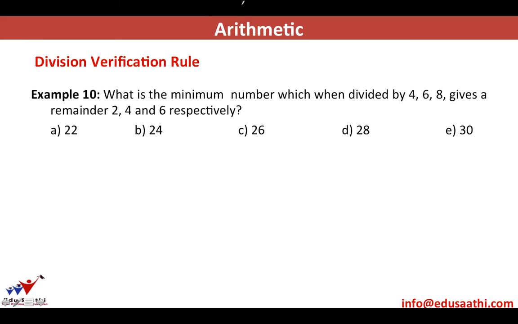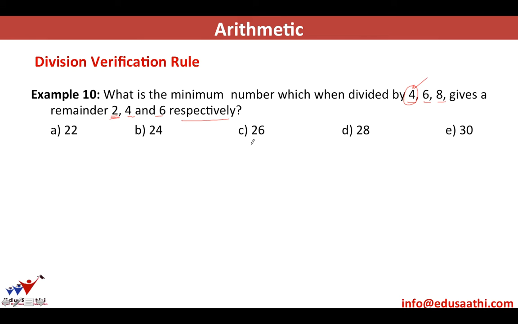Another question that we have is, what is the minimum number which when divided by 4, 6 and 8 gives a remainder of 2, 4 and 6 respectively? Now what I can do is, I already have the answer options with me. So I can first scan the answer options and get to my answer. Now divisibility with 4, I look at the last 2 digits only, gives me a remainder of 2.